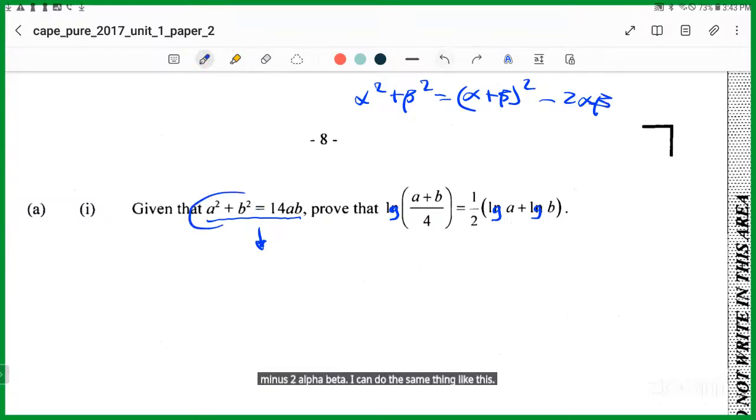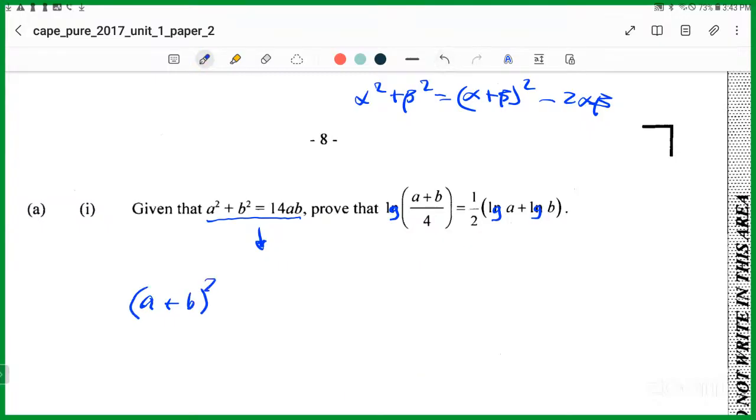I'm going to split up this side and write it as that. So the left side here is a plus b squared minus 2ab. That's what this side becomes.